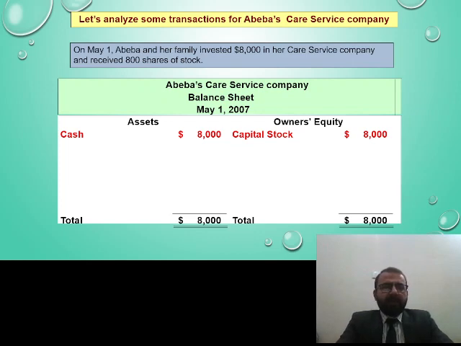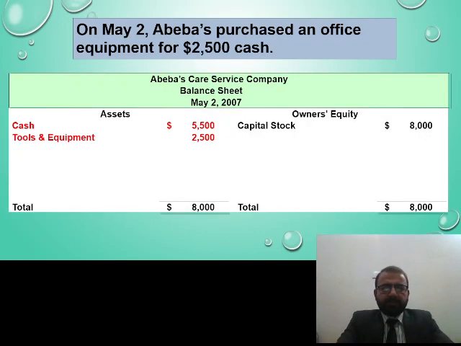On May 1, Abiba and her family invested $8,000 in her care service company and received 800 shares of stock. So we have Abiba's Care Service Company balance sheet of May 1, 2007. We have assets of cash $8,000 and owner's equity of capital stock $8,000.